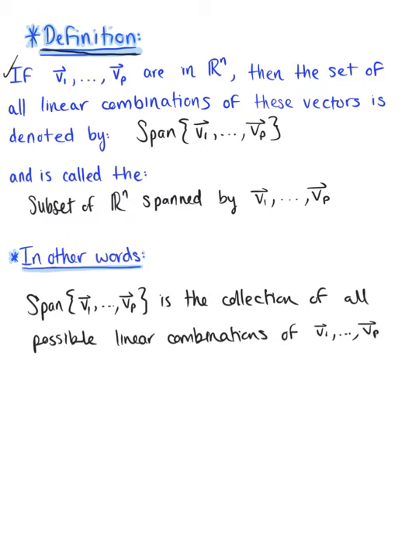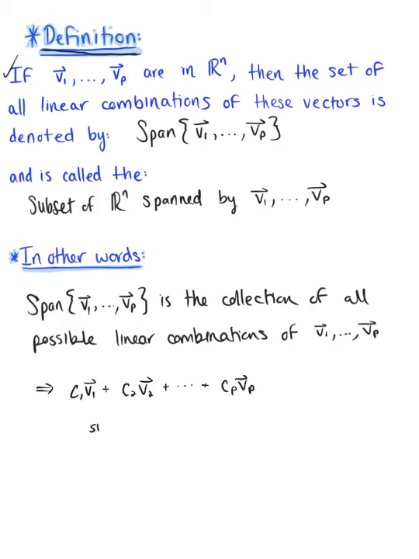So in other words, the span of vectors v sub 1 through v sub p is the collection of all linear combinations of the vectors that can be written in the form c sub 1 times vector v sub 1 plus c sub 2 times vector v sub 2 plus all the way up to c sub p times vector v sub p.